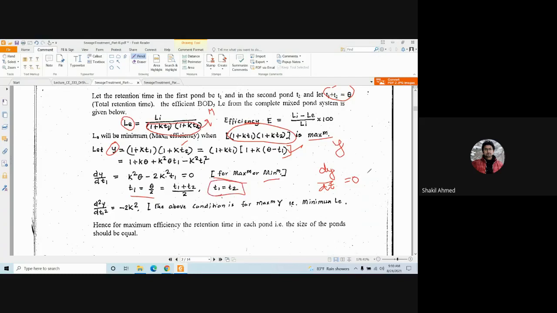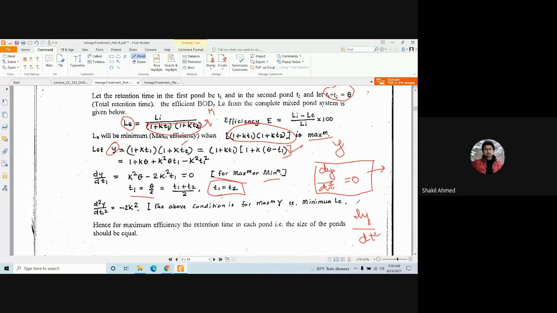Now, this was for both maximum and minimum. How would you know that this value was for maximum or minimum? Then you need to perform a second differentiation.